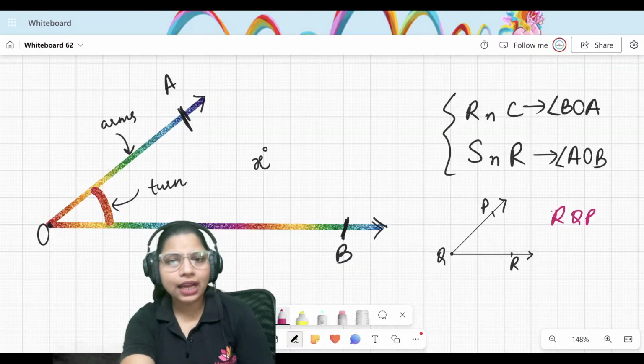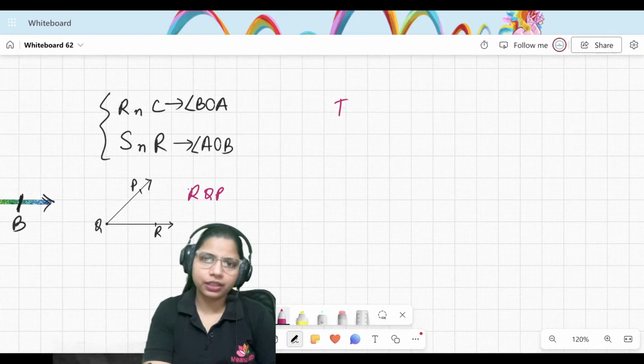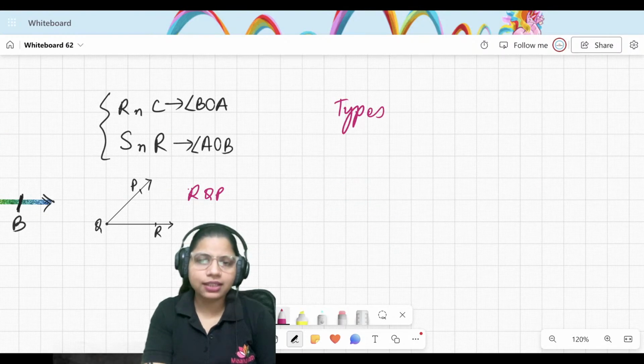Now let's talk about different types of angles very quickly. Another 1 minute we will invest in understanding types.